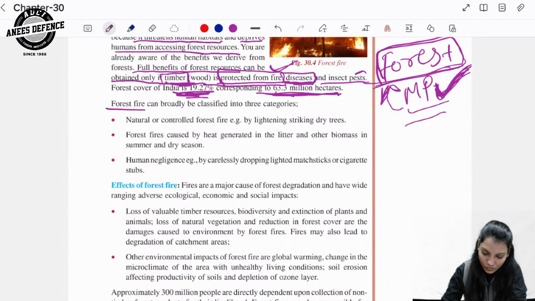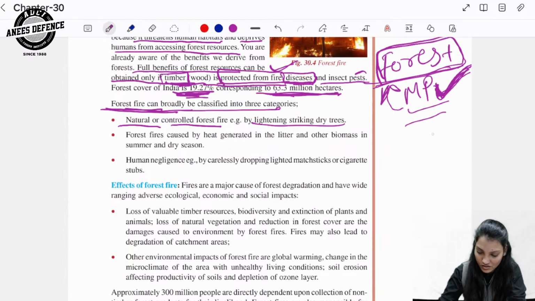Now there are three types of forest fire: natural or controlled fire. Example, by lightning striking dry trees. Whenever monsoon season is there, lightning is a very common phenomenon.